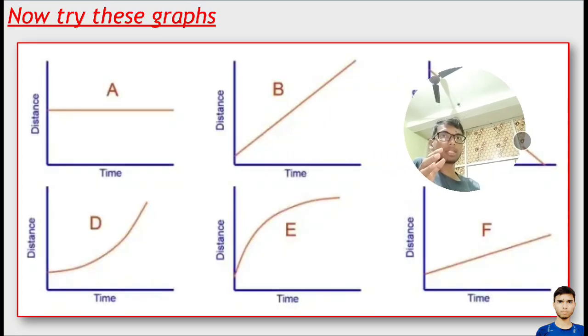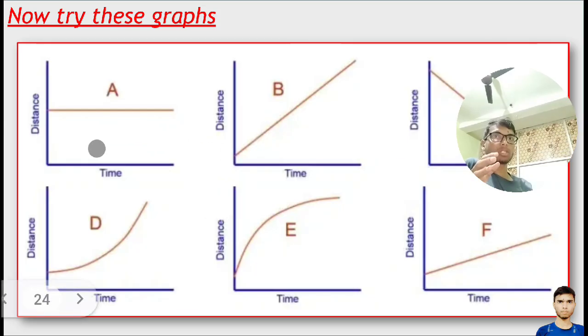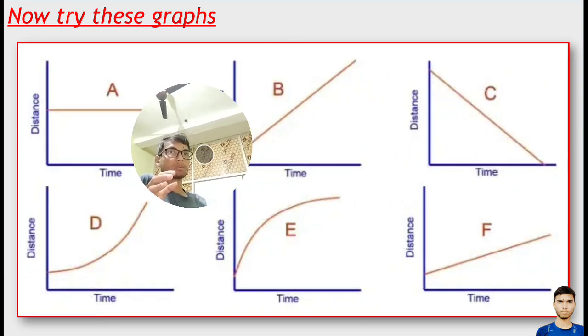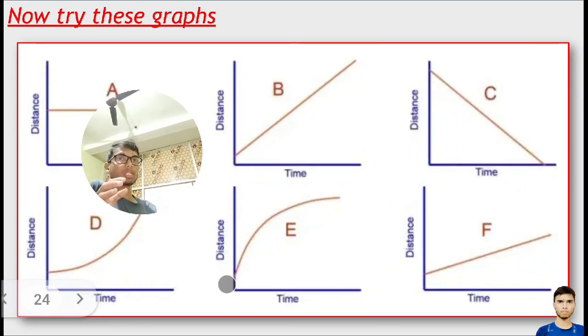Here you can see the body is not moving. Here the body is moving rapidly after coming here, and here the speed is constant. Speed is uniform. Here, from here to till here, acceleration is positive, but from here to till here, acceleration is negative.